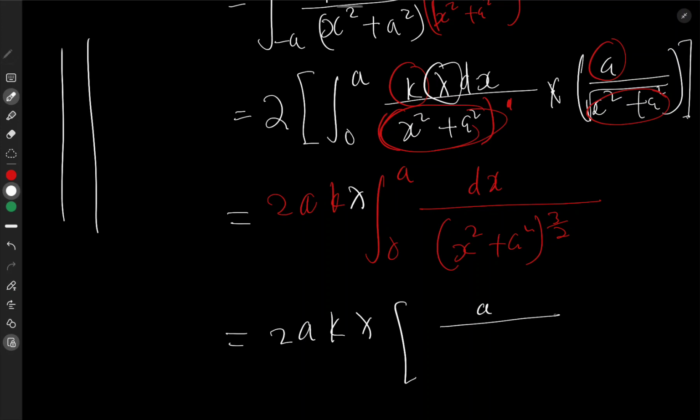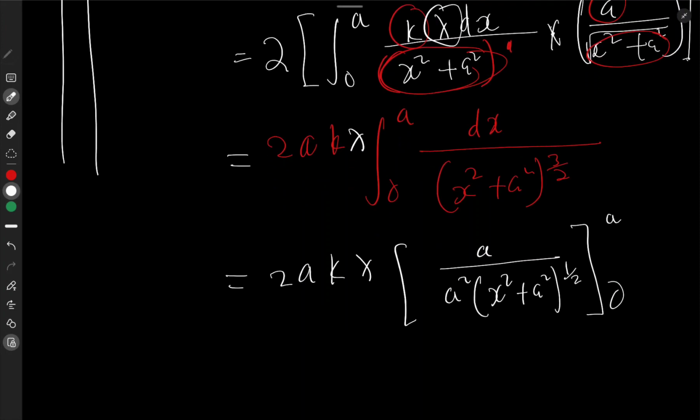a all over a squared, I think, and x, no, open, is going to be x squared plus a squared, and here is going to be 1 over 2, and then the boundaries is 0 up to a.